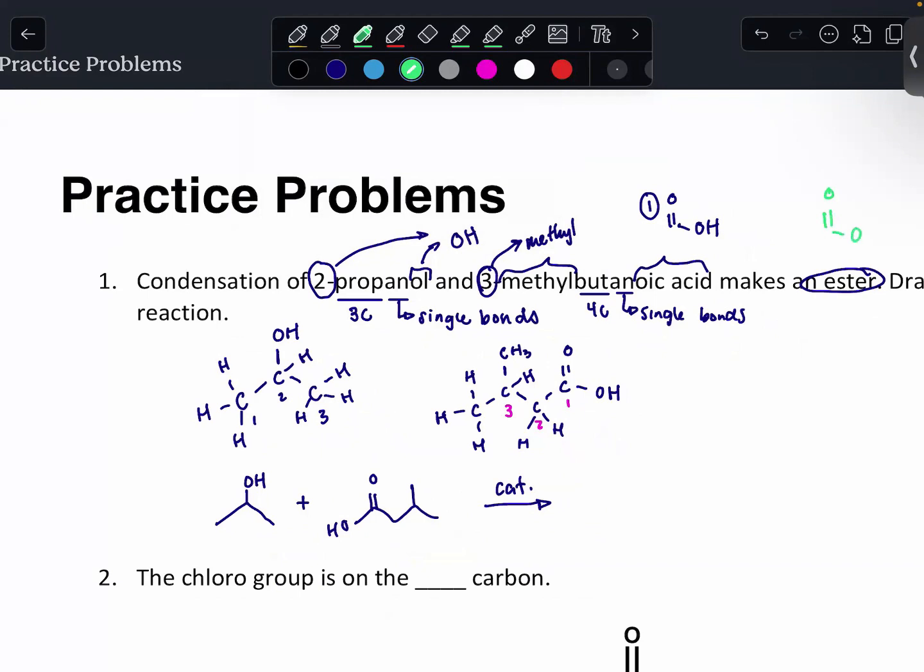Okay, what makes it different from a carboxylic acid? So we are going to combine our alcohol and our carboxylic acid. Basically, we're going to cleave this here and add our alcohol.